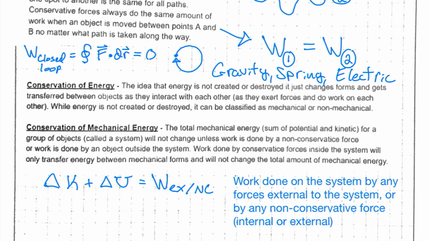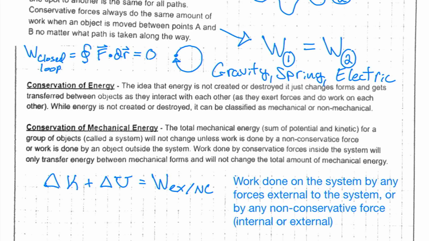The other object is going to have negative work done on it because it's the same magnitude of force and the same distance. The positive work done on one object would be equal to and opposite to the negative work done on the other. The amount of energy that one object gains is equal to the amount of energy that the other loses, so the total amount of energy never changes.